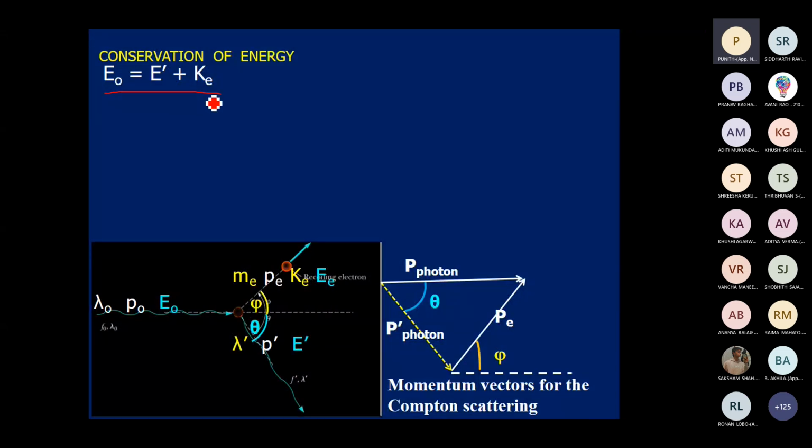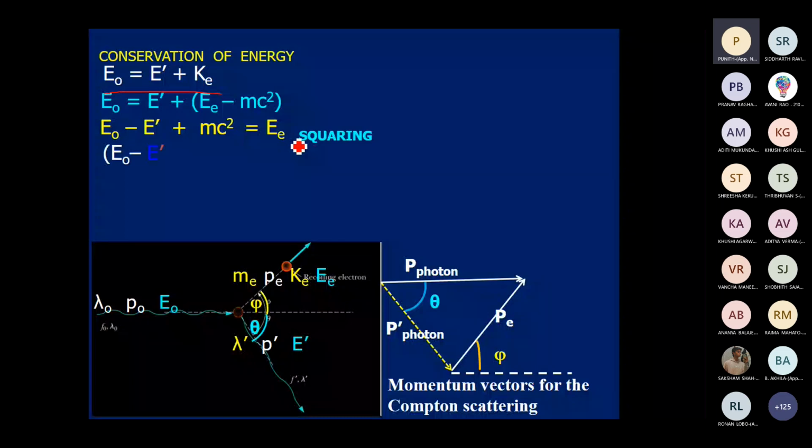So we write E naught is equal to E dash plus KE, and by introducing the relativistic expression for kinetic energy, KE is equal to EE minus mc square. We rewrite this as E naught minus E dash plus mc square is equal to EE, and we square this equation, as we saw in the previous class.